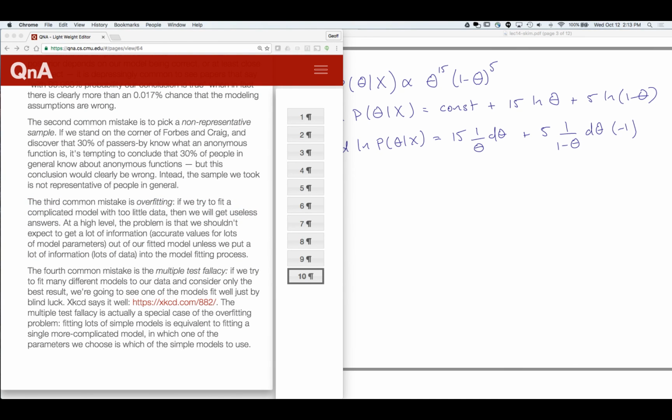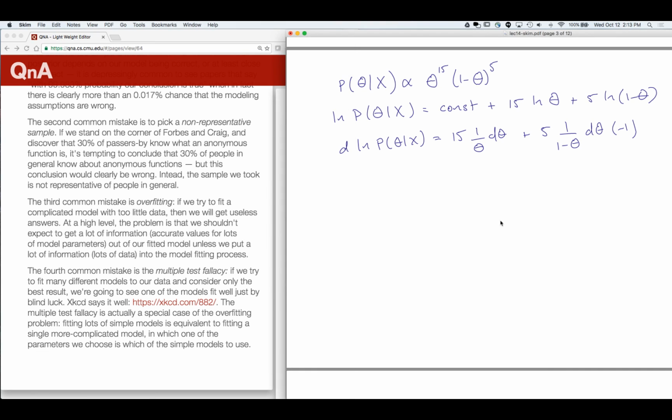So the expression for a multivariate Gaussian distribution is dP of x given theta is equal to 1 over the square root of the determinant of 2 pi sigma times e to the minus 1/2 (x minus mu) transpose sigma inverse (x minus mu). And I should say dx.